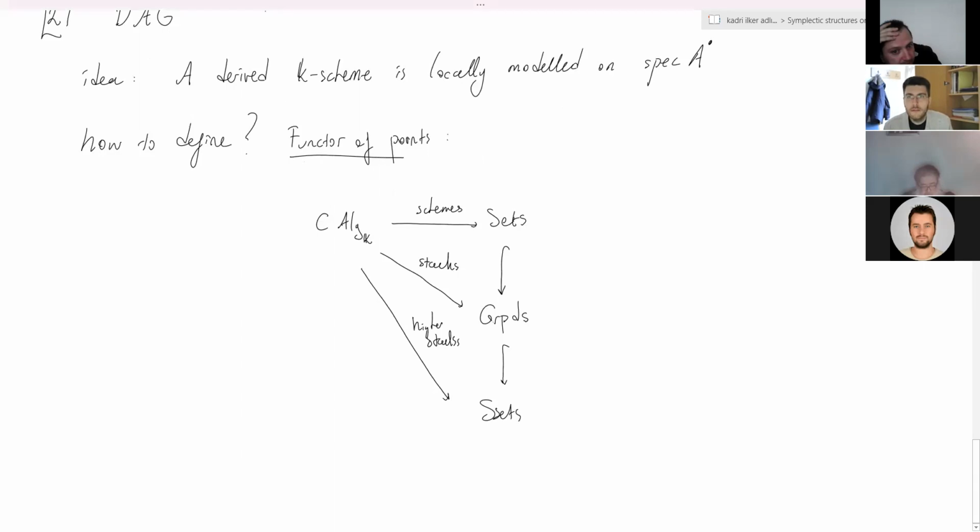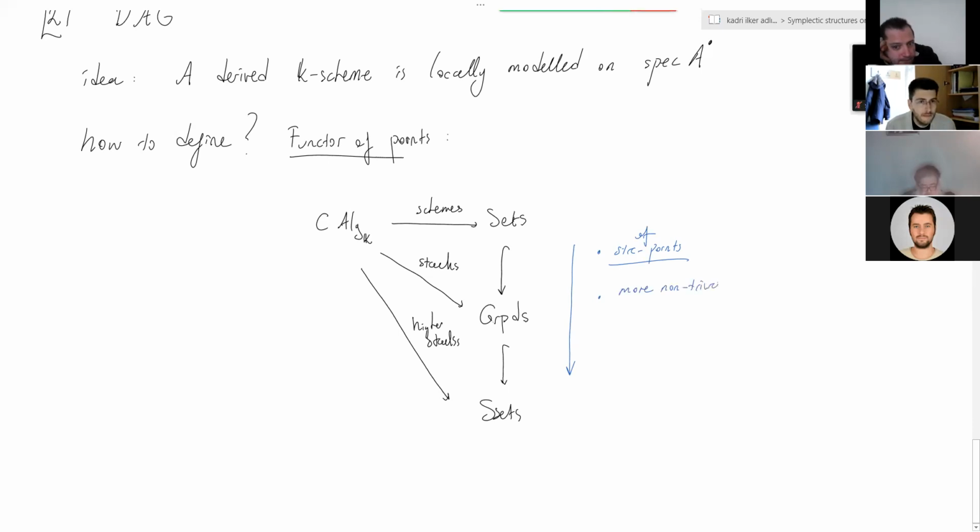So as you see, when you move here from top to bottom, what is changing is the structure of points. What does it mean? The points of a scheme form a set, but the collection of points of a stack has the structure of a groupoid. So the structure of points is changing. What else? You have more non-trivial higher morphisms.